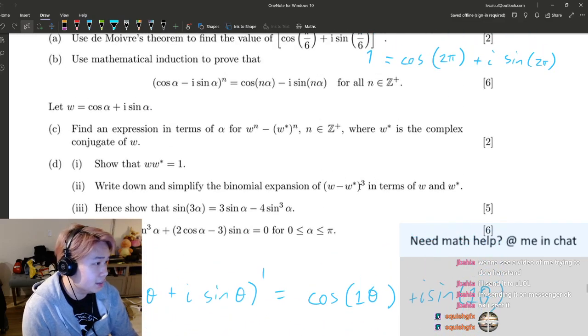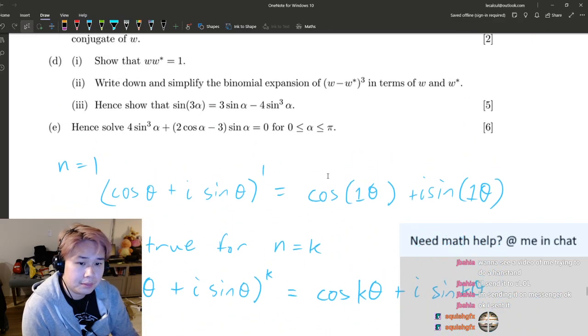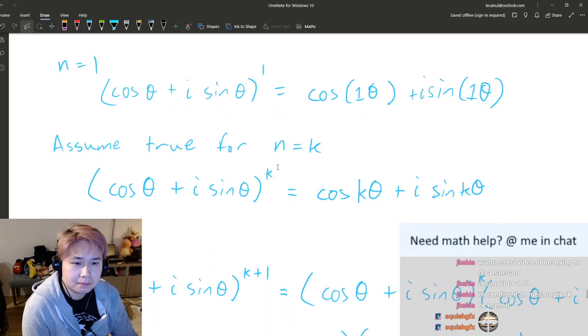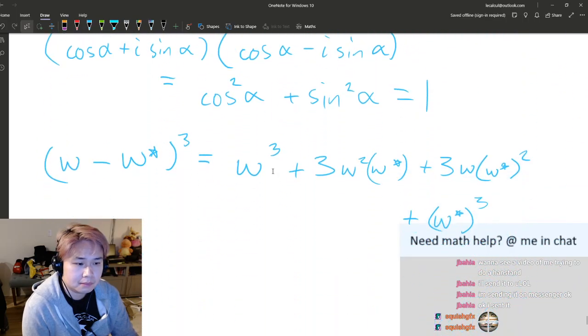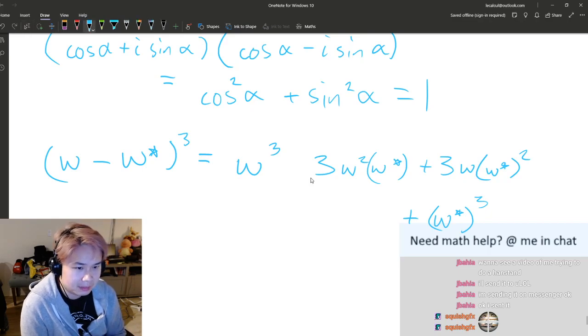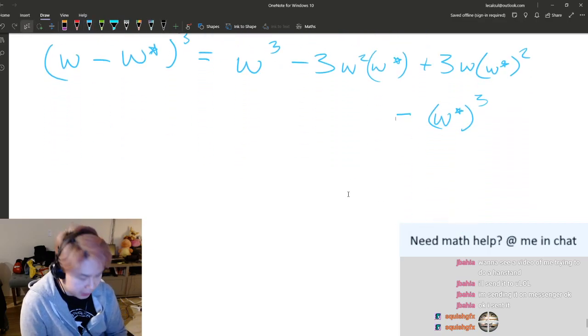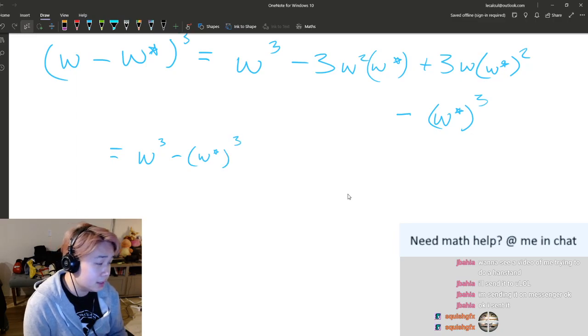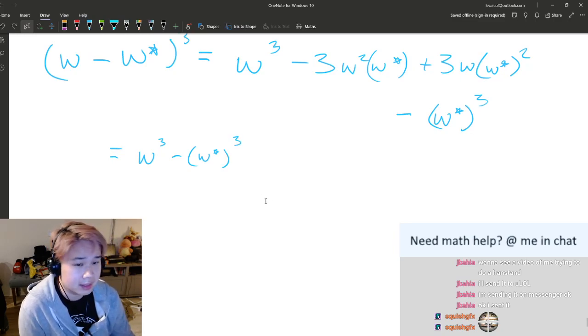And then they want to show some simplification. So let's see. Oh, this is a subtraction. And this one is a subtraction. Okay, we're going to do some quick rearrangement, because we're probably going to use the other parts to set this up.